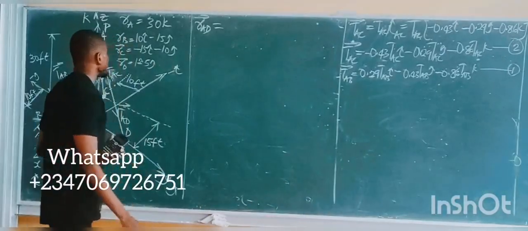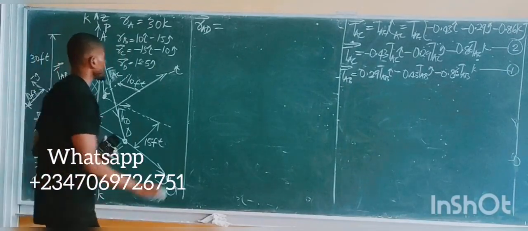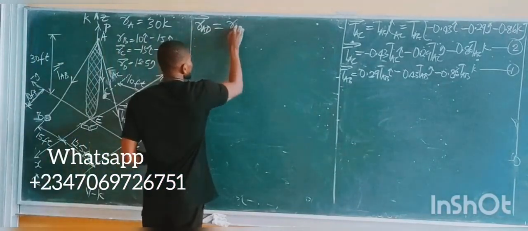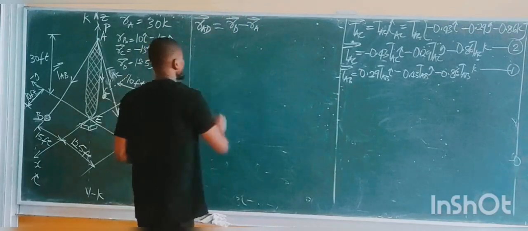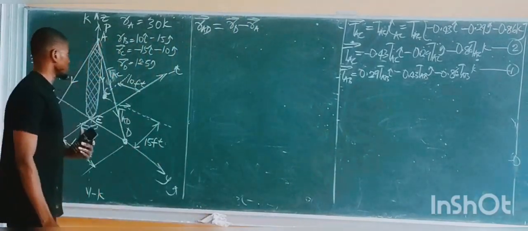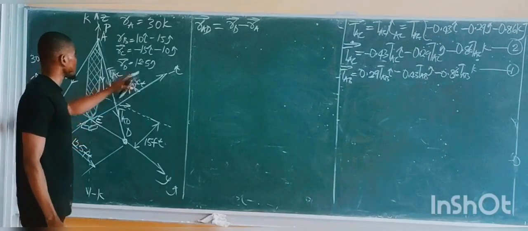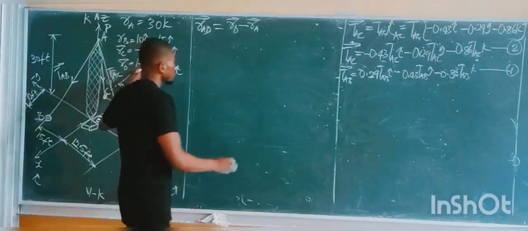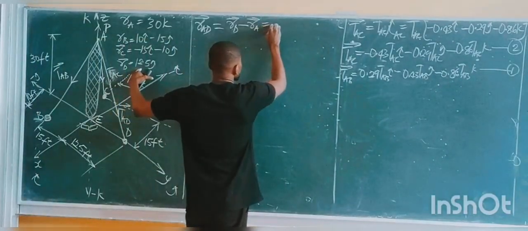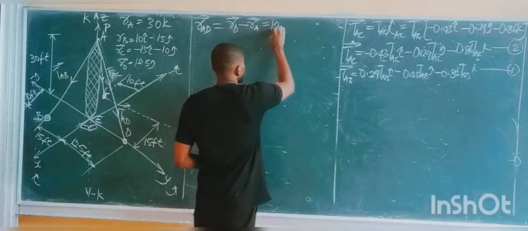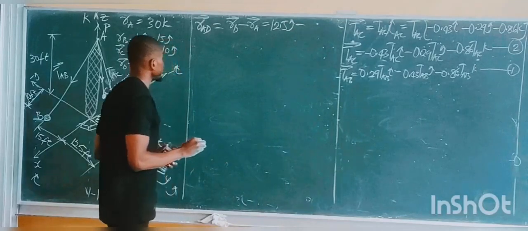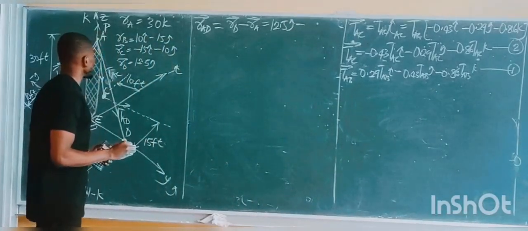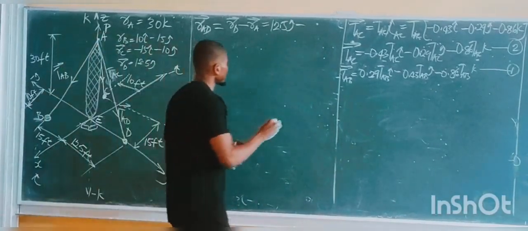RAD is given as RD minus RA. Always, since A is the reference, always subtract A from the other position. So RD gave us 12.5J, minus RA, and RA is 30K, so minus 30K.